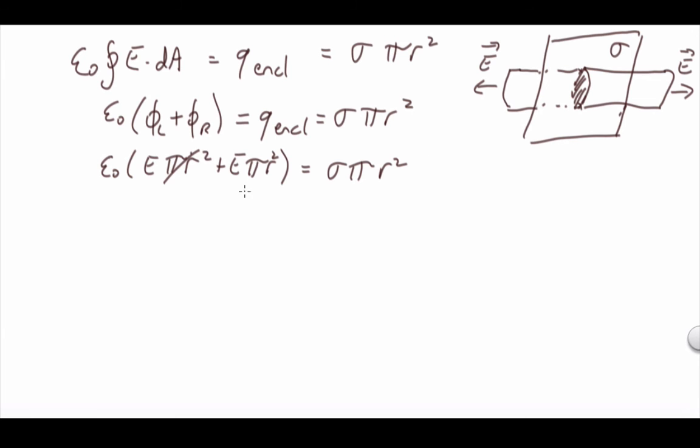And you notice that I can simply cross out the pi r squareds, and I'm left with 2 times epsilon naught times E equals sigma. And so the electric field is just sigma over 2 epsilon naught, which is quite a simple result.